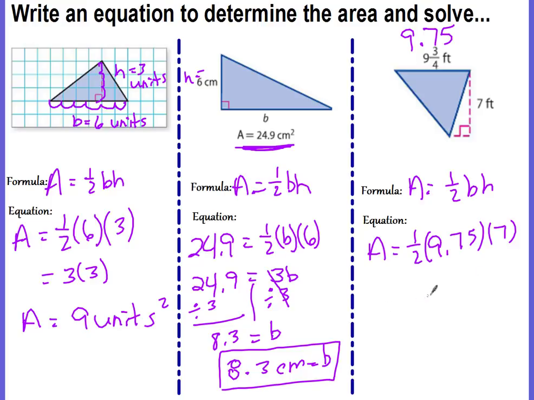Now we're just going to do the math. Unfortunately, we don't have an even factor. So I'm going to go ahead and multiply first. I'm going to multiply 9.75 times 7. And I'm going to get 68.25. So 1/2 times 68.25.